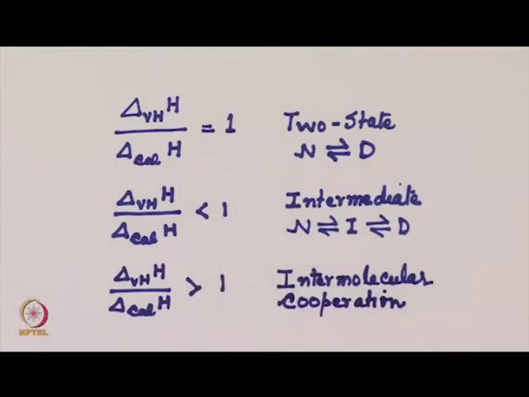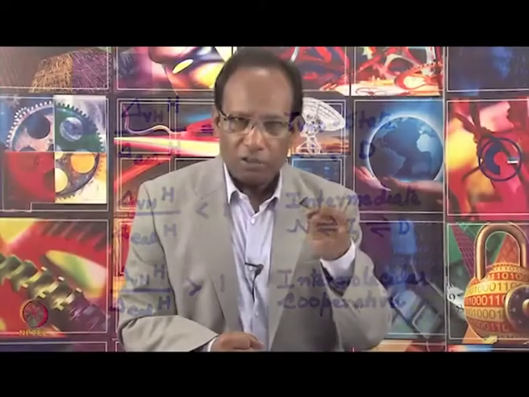What is this intermolecular cooperation? It is that when the protein is unfolding, two unfolded proteins can form a dimer, trimer, oligomer, aggregate. So, the extent of aggregation will increase.